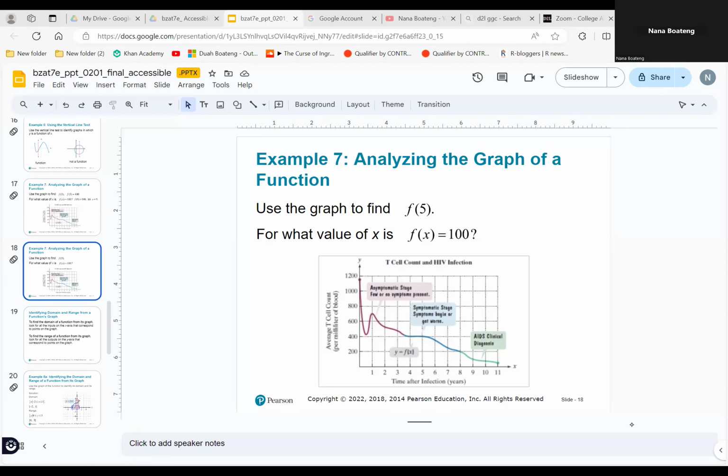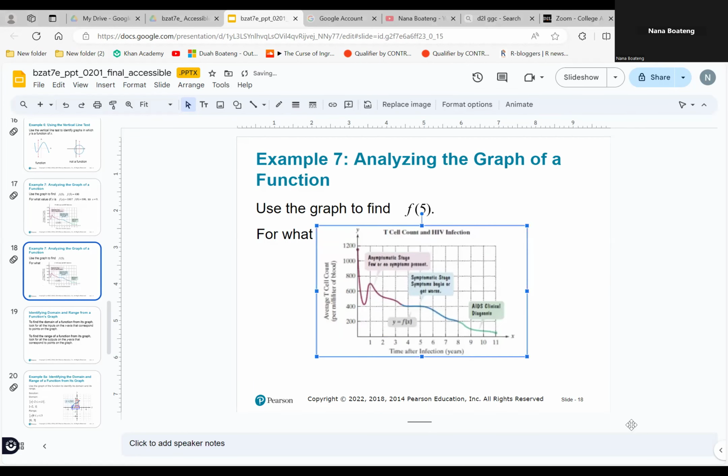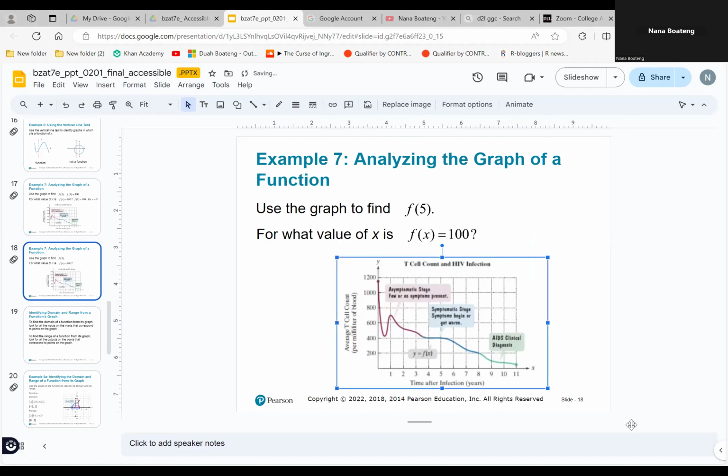To find f of 5, we look at where 5 is on the x-axis, and where 5 goes up to meet the function, we check the corresponding value on the y-axis.